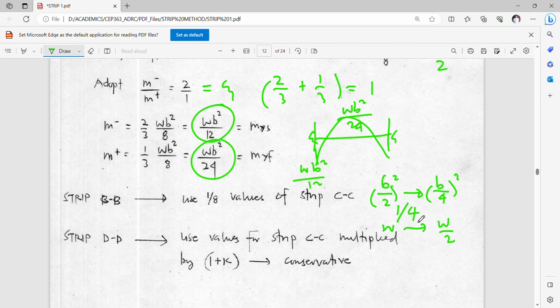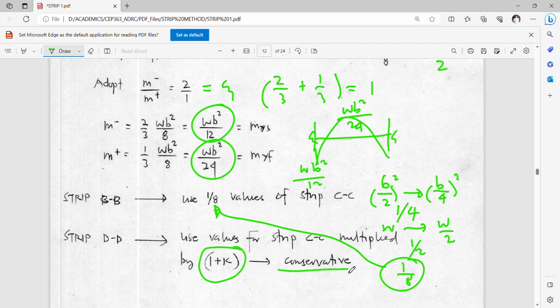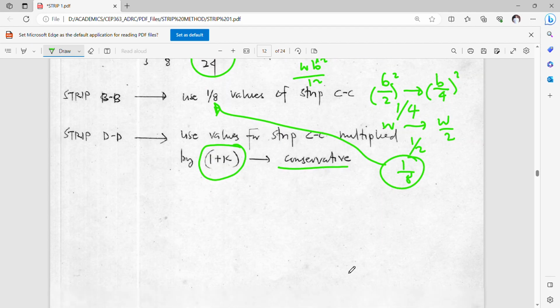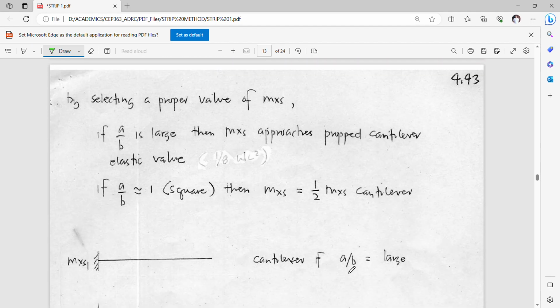Then 1/2 times 1/4 is 1/8. So the factor 1/8 was used as strip DB. And for strip DD, we use the values of strip CC, we simply multiply it by a 1 plus k, which is a conservative estimate. So those are the moments.